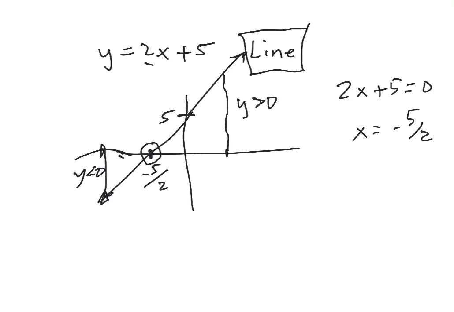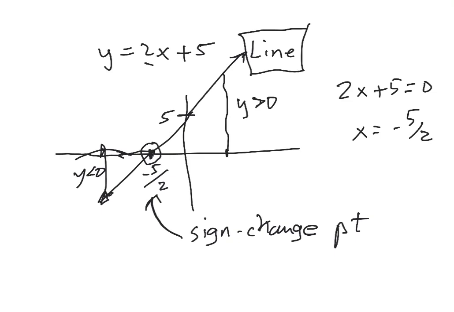So we can call that the sign change point for this particular expression, 2x plus 5. Minus 5/2 is the sign change point. And in this particular case, as you move from left to right, they go from negative to positive. So negative, boom, 0, the y-coordinate is 0, and then positive.